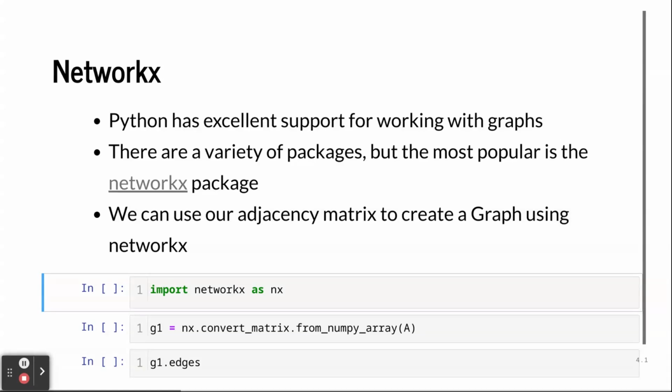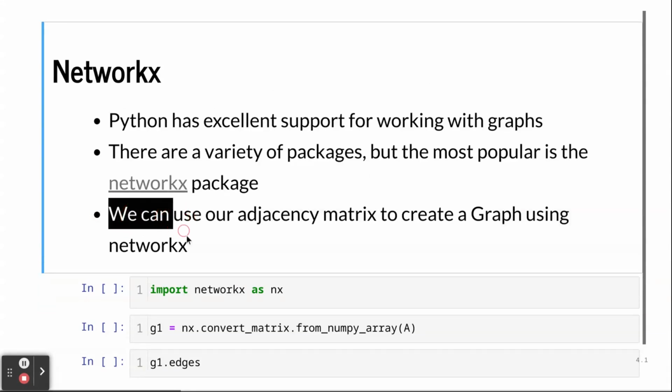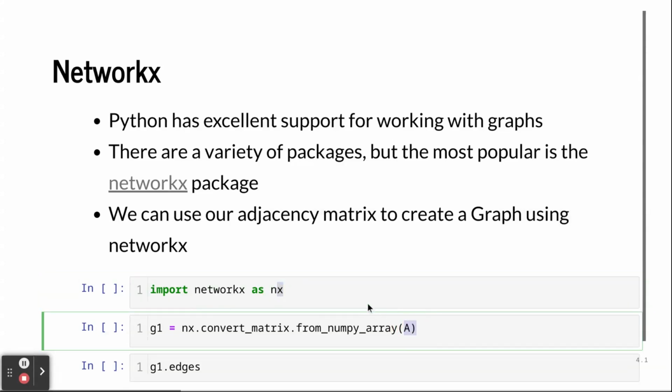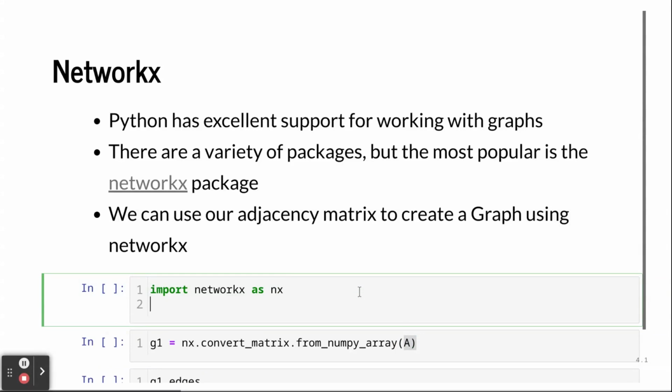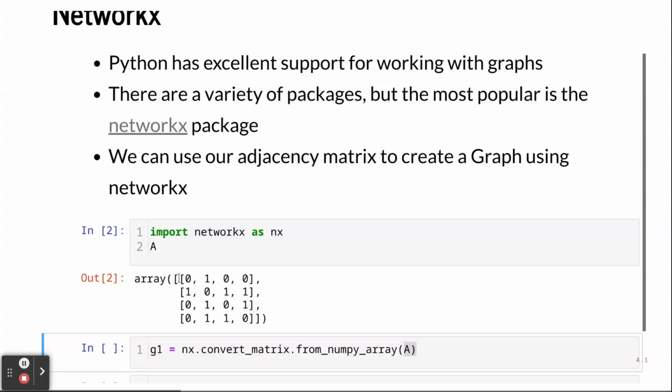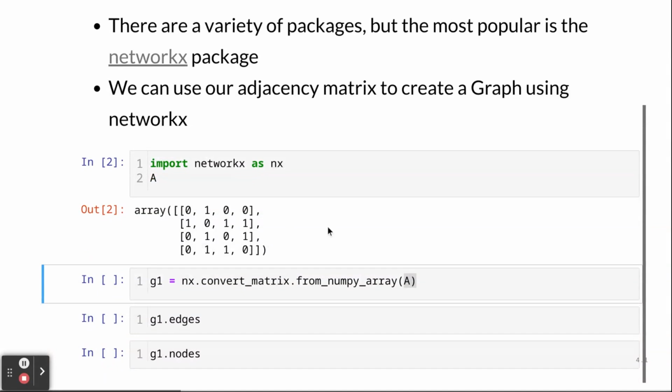As we work through exercises, what we'll do is first import the NetworkX library, and we'll give it an alias nx, which is the conventional import. And then we'll use that adjacency matrix A that we had before. If you remember what A looks like, this was the adjacency matrix for the ABCD graph we had depicted visually.